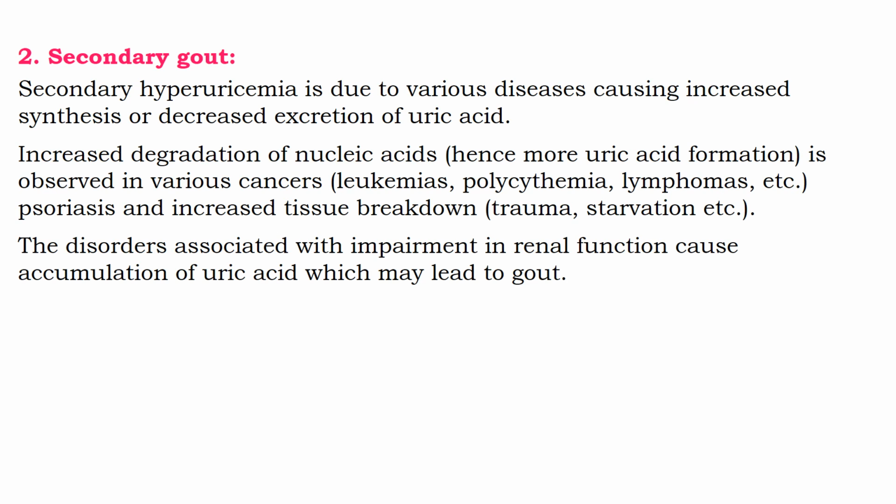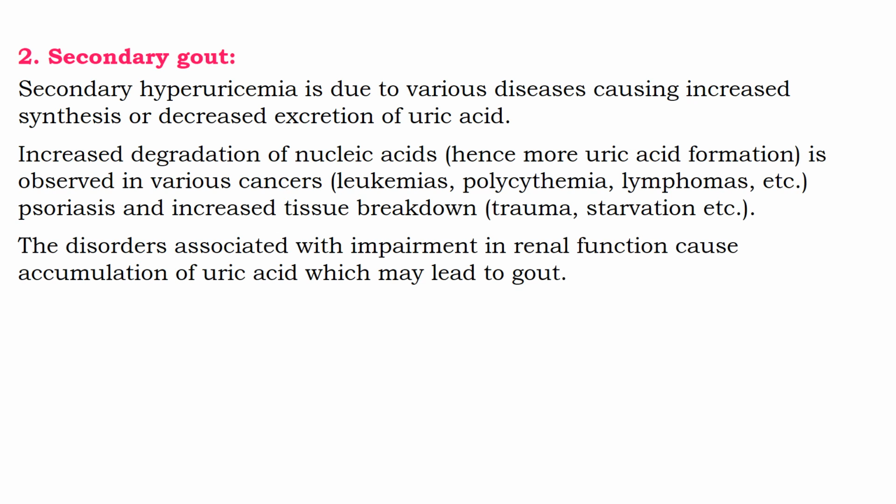Now, increased degradation of nucleic acids means more uric acid formation. This is observed in various cancers like leukemias, polycythemia and lymphomas, and in psoriasis and increased tissue breakdown. Because of trauma or starvation, or if there is necrosis, in such cases we are going to increase the formation of uric acid.